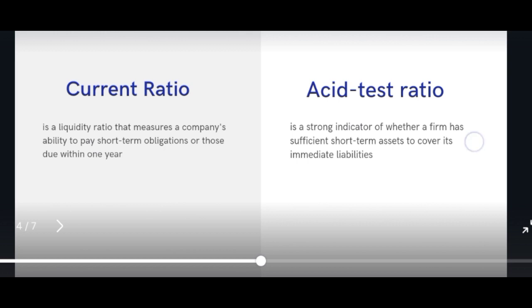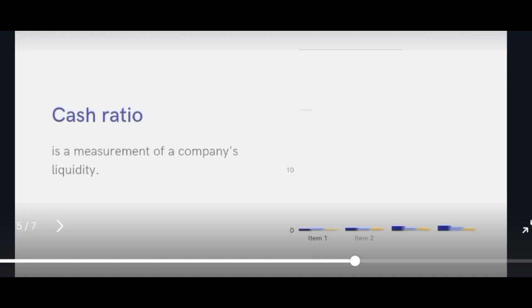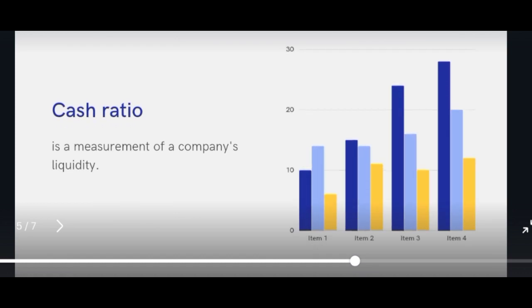So, next is the cash ratio. It is a measurement of a company's liquidity. So, ang cash ratio naman po ay, yun nga po, na hindi naman na po kailangan explain dahil ito po ang measurement of a company's liquidity. Parang siya po yung measurement ng ating mga assets, yung company assets po natin.